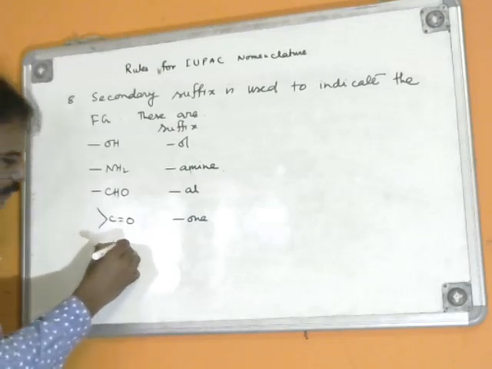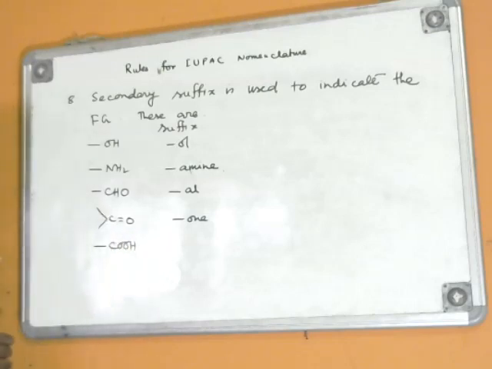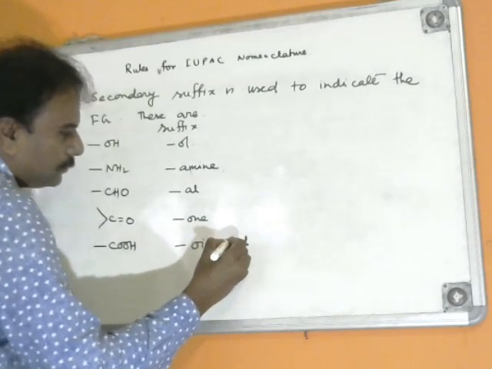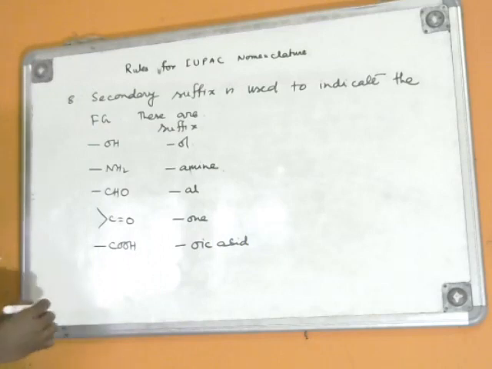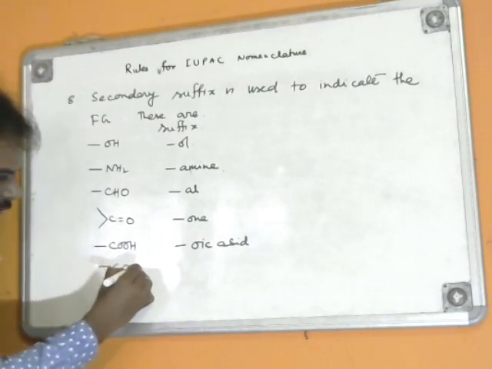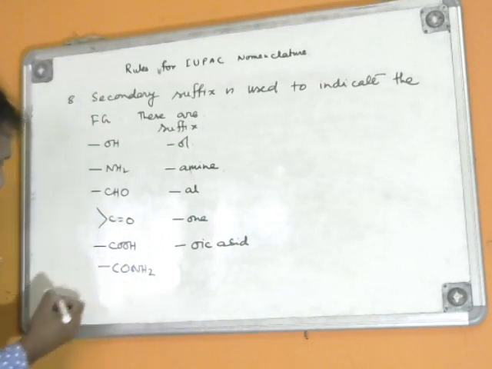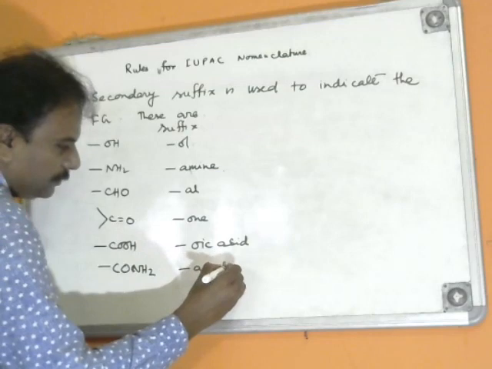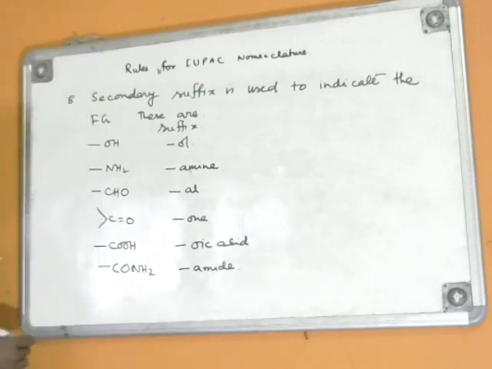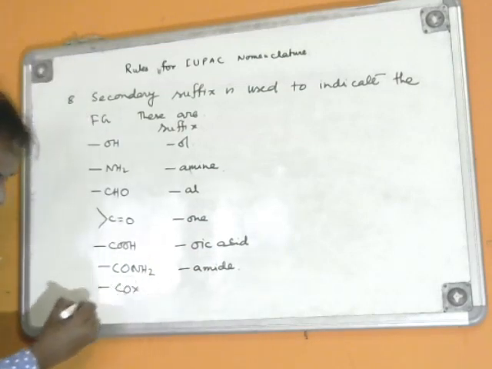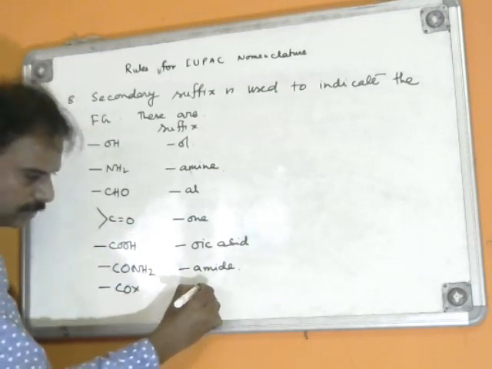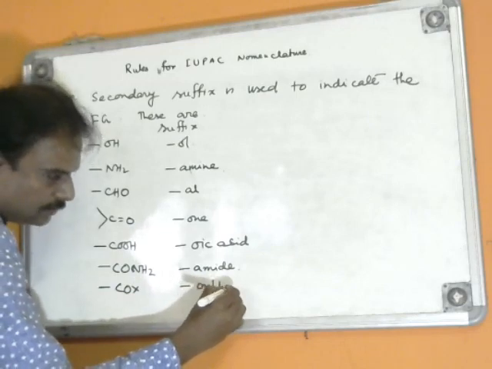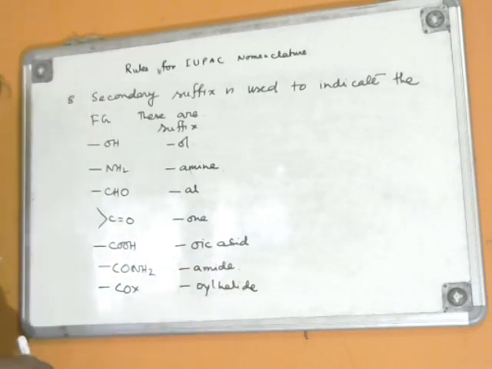If a ketone group is present, then the suffix will be -one. If a carboxylic group is present, then the suffix will be -oic acid. Suppose CONH2 is present, then the suffix will be amide. COX, so the suffix will be -oyl halide.